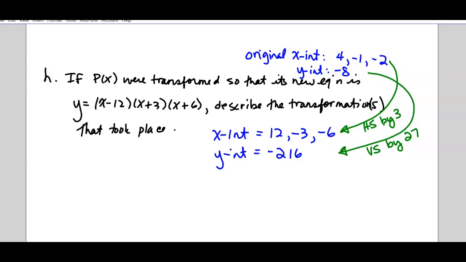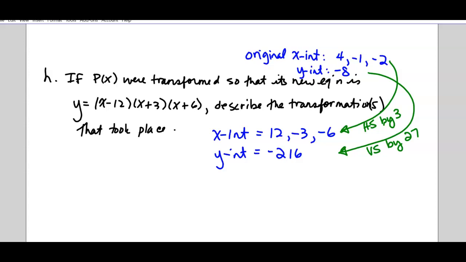Since there's nothing to factor out from the x's, doing it this way, comparing the x-intercepts and the y-intercepts, and then performing the transformations that we think it is on our original to see if we end up with that as our transformed function, will be the easiest method. On the last question, we could factor out, and then it was easy to see. But because of both stretches, there's nothing to factor in the image.